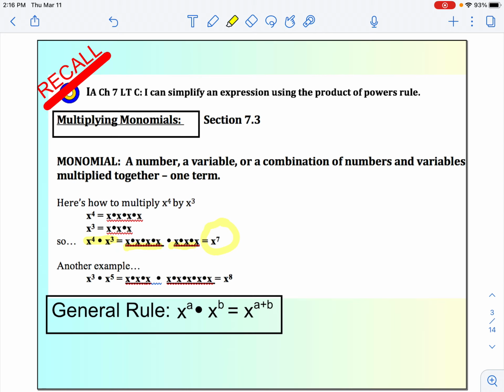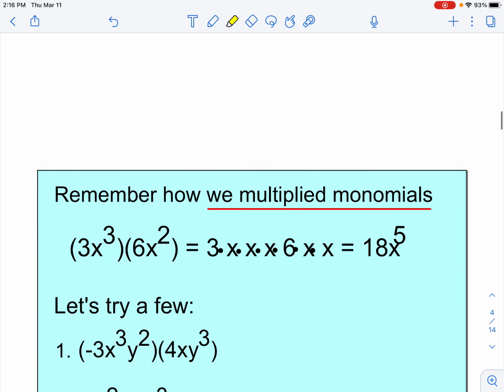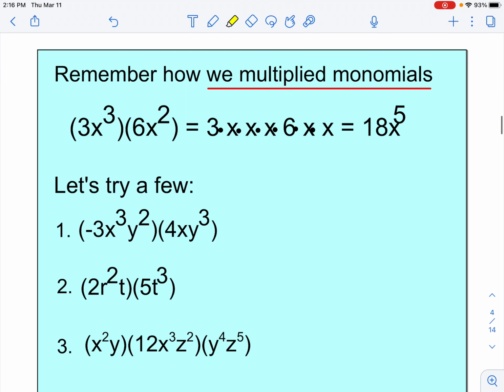And in general, when we have the same base, x, and we're raising it to a power, and then we're multiplying by that same base to a different power, we're just adding those exponents together. And this is sort of the reason why. And then we did more complicated ones, where we had to think about 3x to the third times 6x squared as multiplying all of these pieces together.